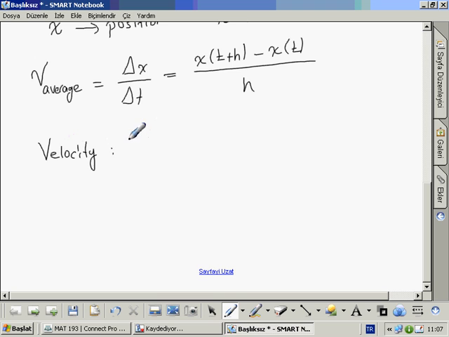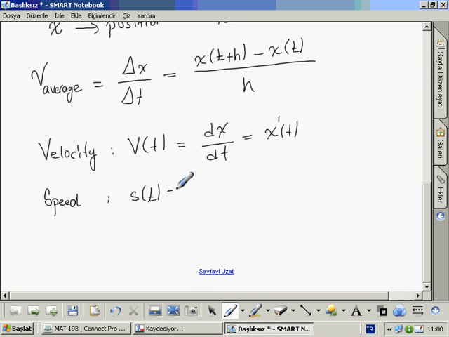The velocity v of t equals ∂x over ∂t, it's equal to x prime of t. The speed s of t equals the absolute velocity, ∂x over ∂t.